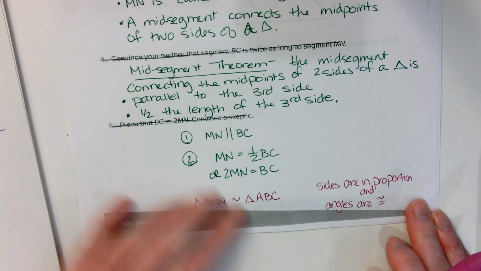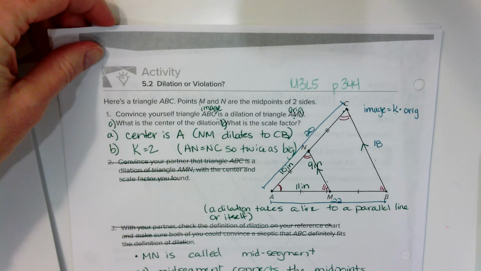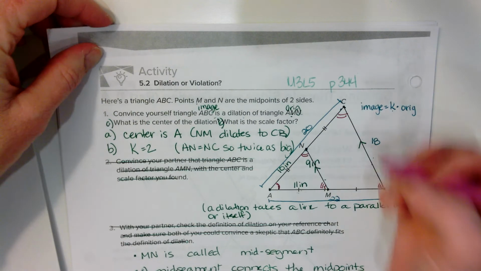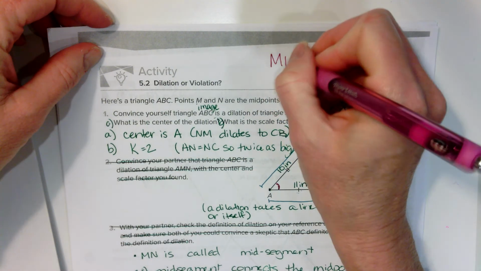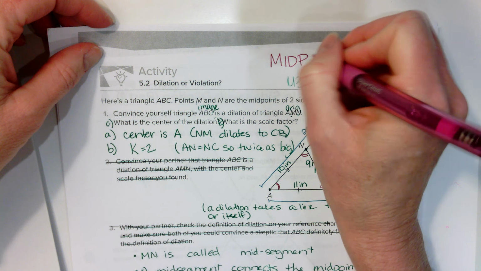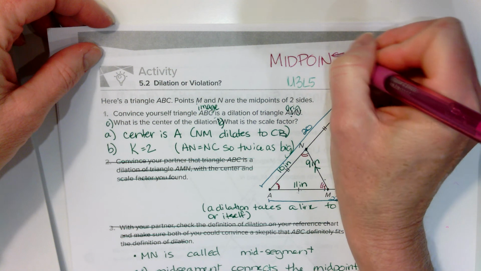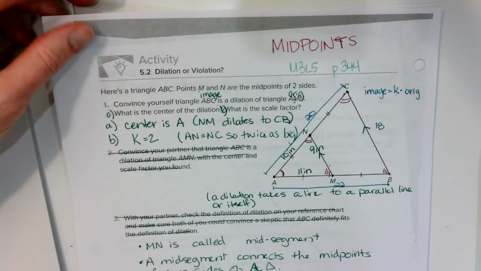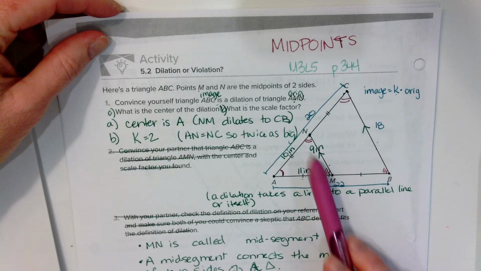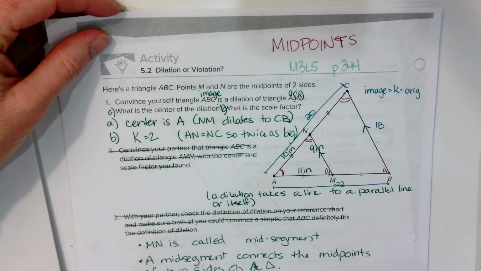So this is a very specific situation that you will only use when you're given midpoints. So please remember that. Refer back to this page and use this page only when you're given midpoints. You're only going to use the mid-segment theorem when you're given midpoints of the sides of a triangle.